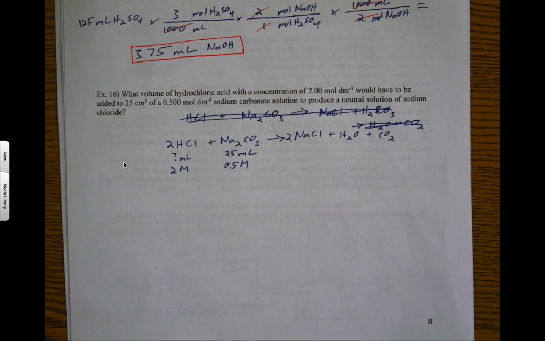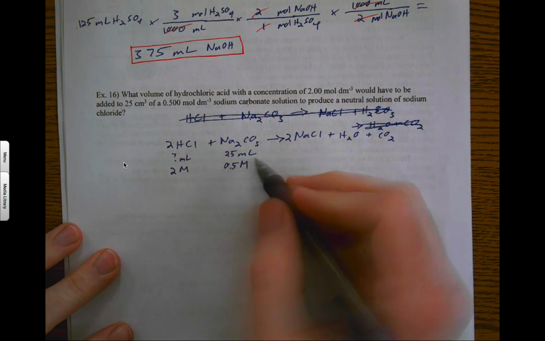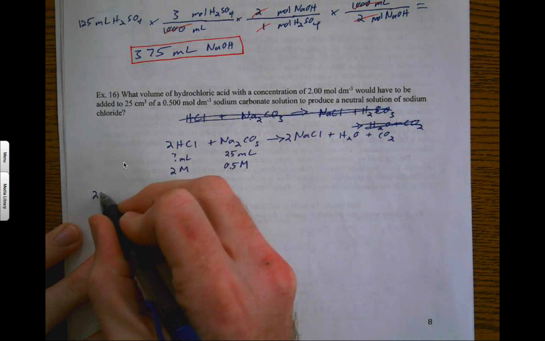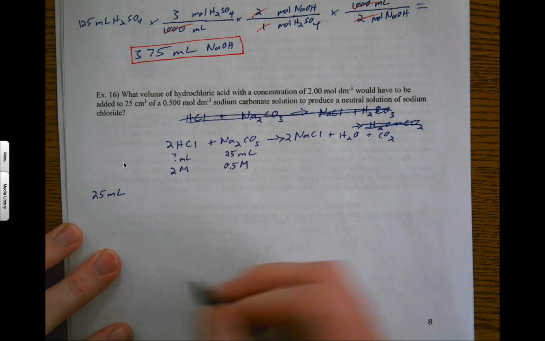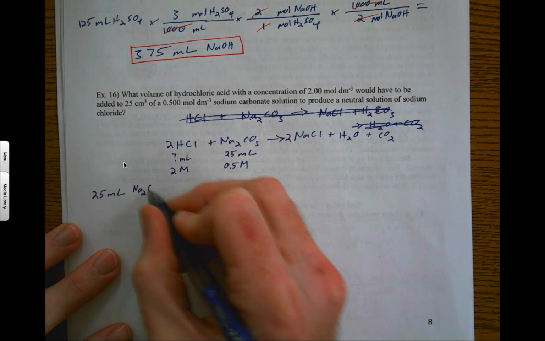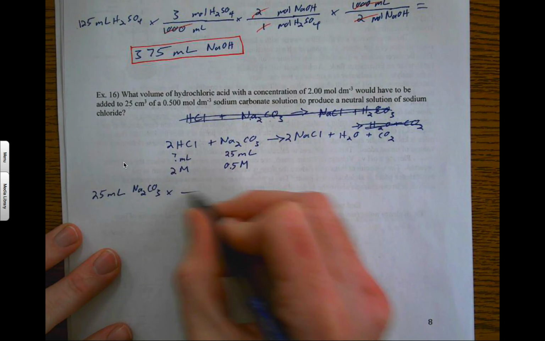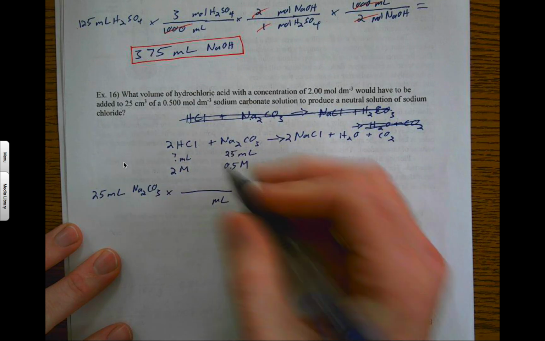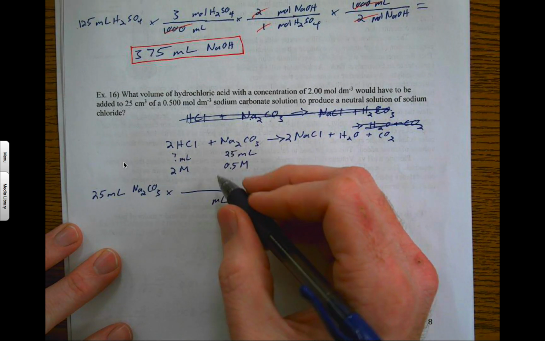Okay. So still the same type of thing. We will still start with 25 milliliters of Na2CO3. Change milliliters into moles.